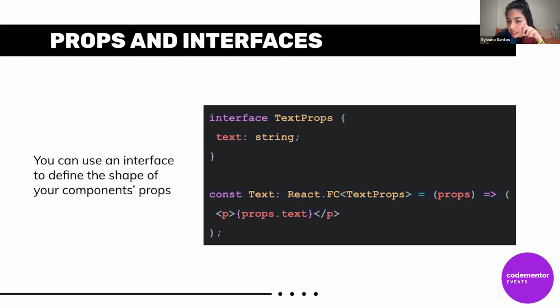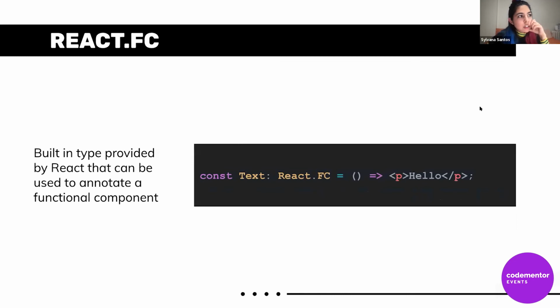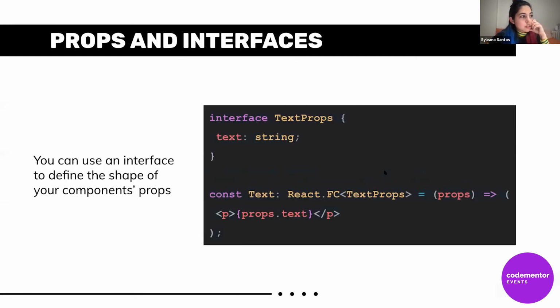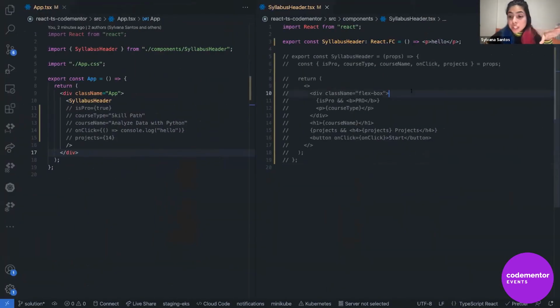Oh, can't see the changes. Can someone else drop in the chat if you're not seeing the changes? Oops. If you did miss it, the only thing that I did, oh, okay, you're not seeing my IDE. That's an issue.